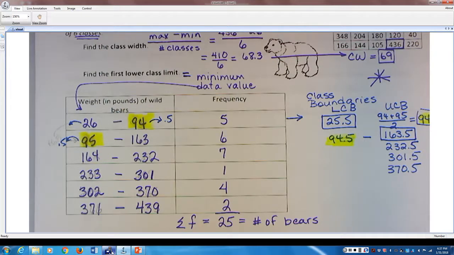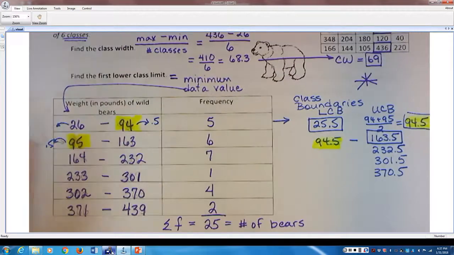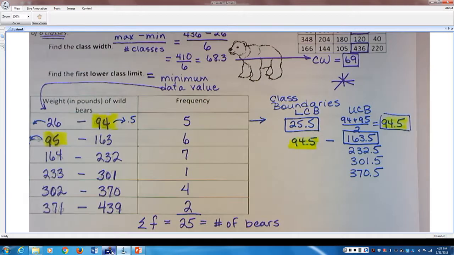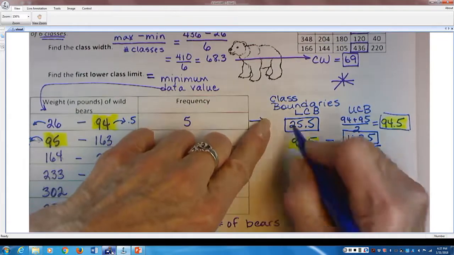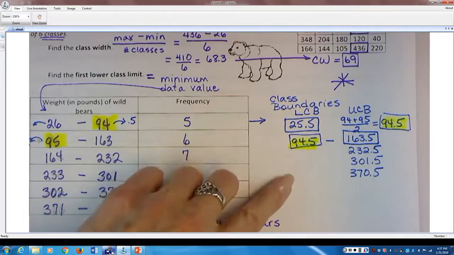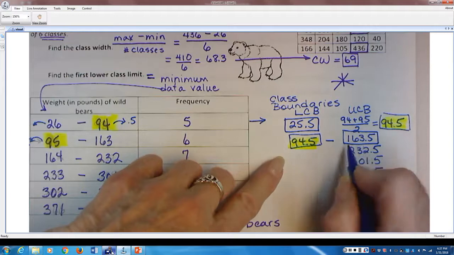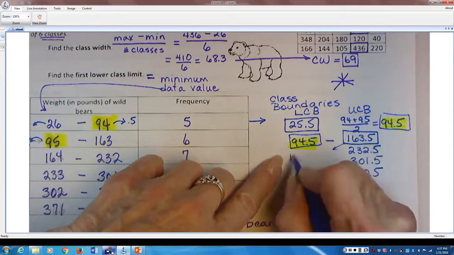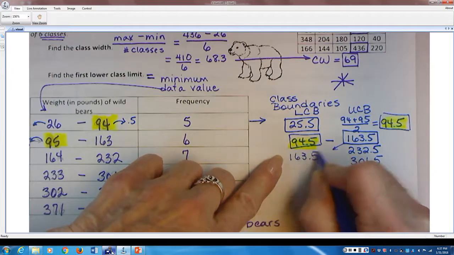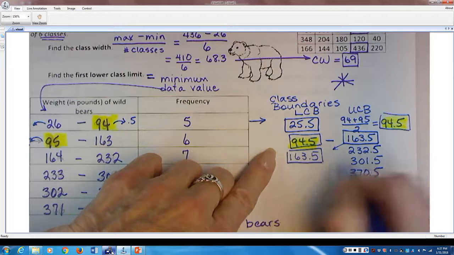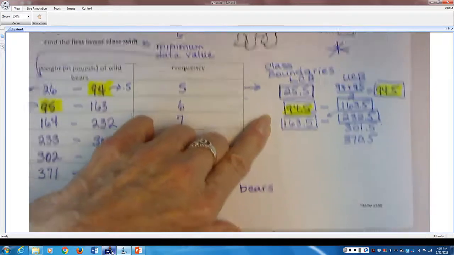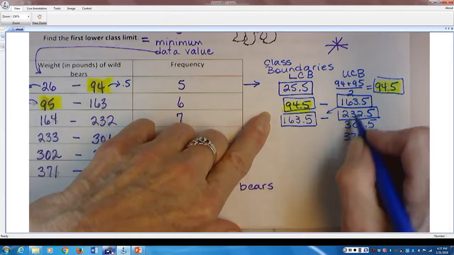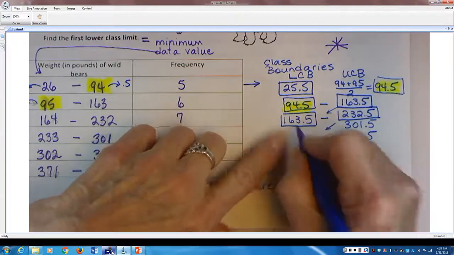And this probably won't make much sense to you until I show you a histogram. So we're going to be looking at a histogram in just a second. So to finish these out, here's my first set of class boundaries. There's my second set. I'm going to repeat this one. There's my next set. Then this one repeats itself.